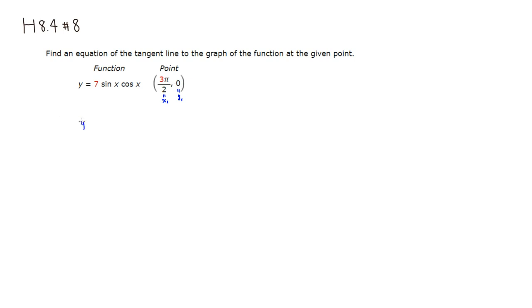So y prime is equal to, 7 is just a constant here, so I'm going to just put the 7 right in front. Then we're going to take the derivative using the product rule. This is the first guy, and this is the second guy.